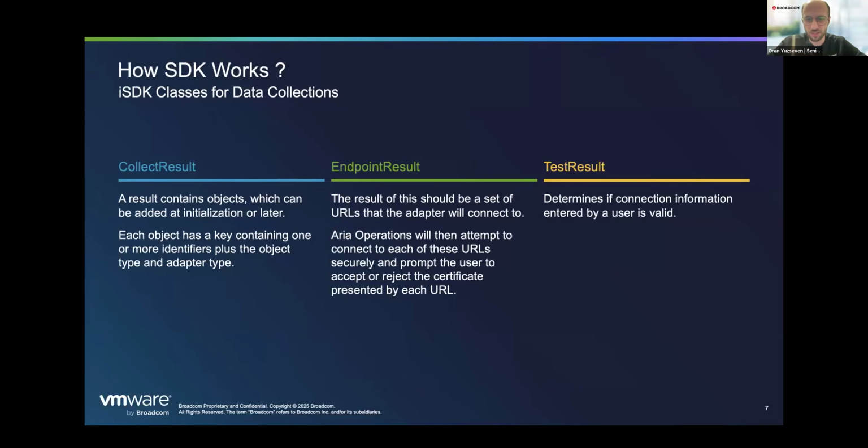The second one is the endpoint result, and this is where we can modify or define new conditions, like defining or prompting the endpoint URLs to the user interface, so it can be accepted or rejected by your design. And the last function is the test result, where we determine if the connection information entered by the user is valid. All of this can be modified as you like.